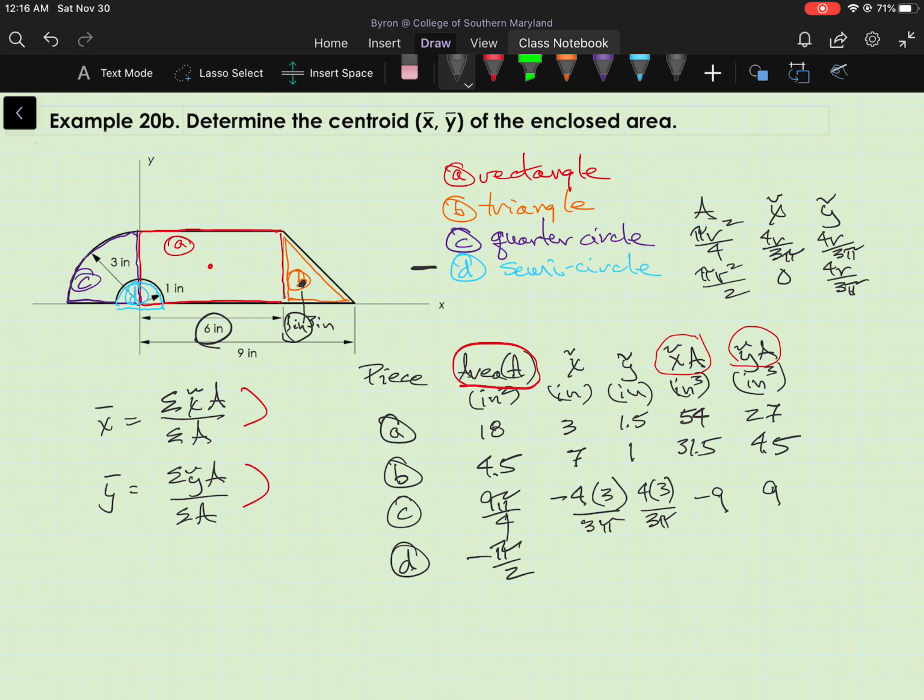Okay. X tilde, with respect to the semicircle, is 0. And the semicircle is centered on the y-axis, so x tilde is 0. Y tilde is 4r over 3 pi, or 4 times 1 over 3 pi.